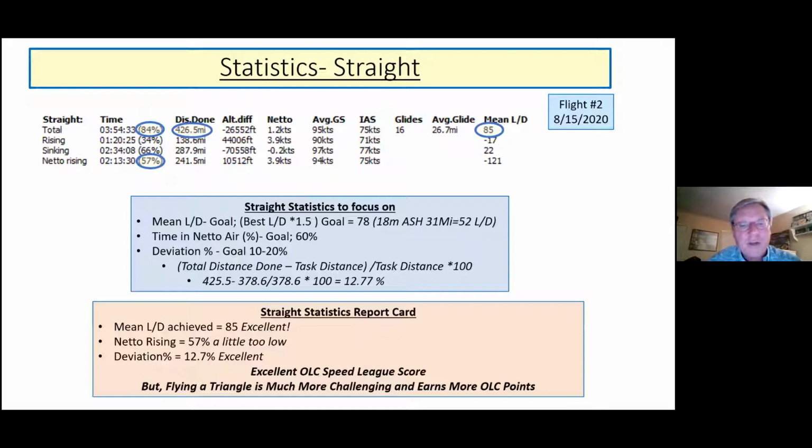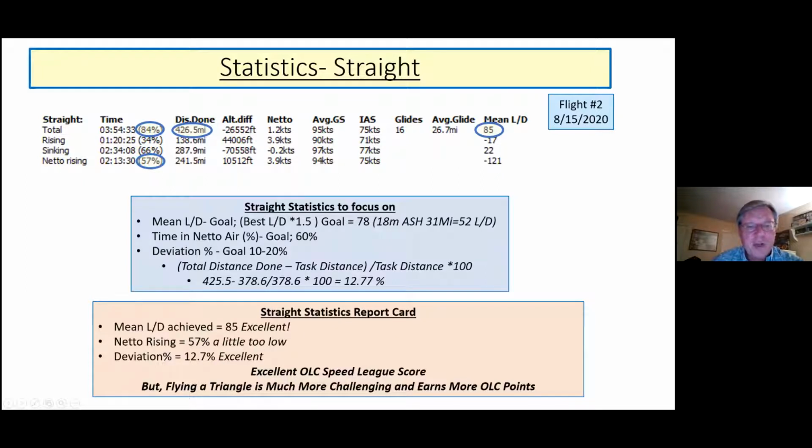But like I said, I was fighting with Mother Nature, the big thunderstorm. Had a little diversion. So it was overall a much better flight. L over D of 85 is excellent. Netto rising 57%, just a little bit low, but not bad. Deviation 12.7%, that's very good.